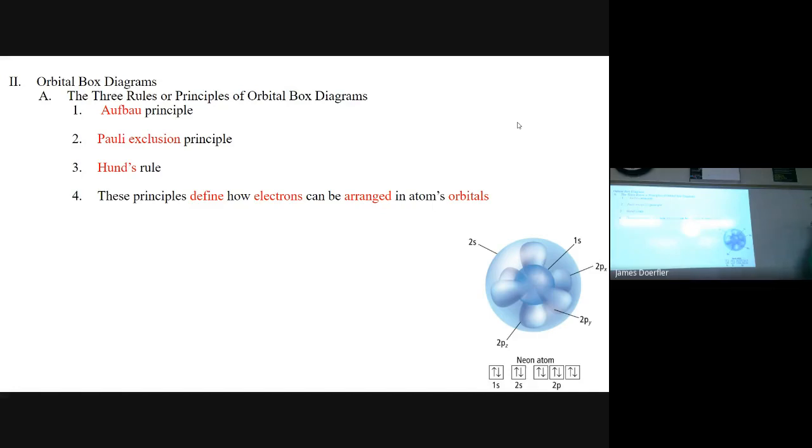We have first called the Aufbau Principle. We have second the Pauli exclusion principle. And then third, we have what's called Hund's rule. Okay? Putting all three of these together and keeping them in mind, they define how the electrons can be arranged in an atom's orbitals.